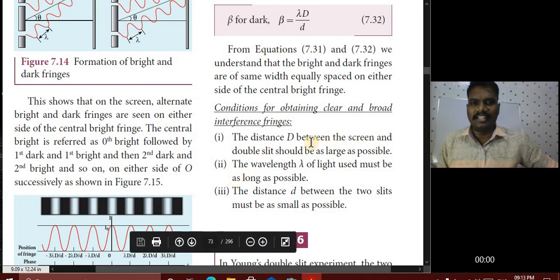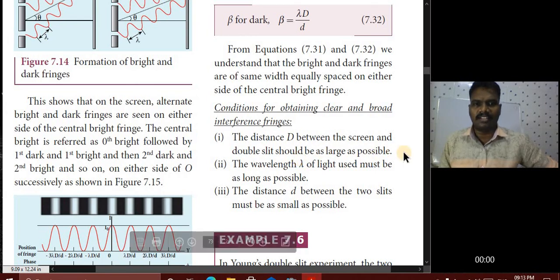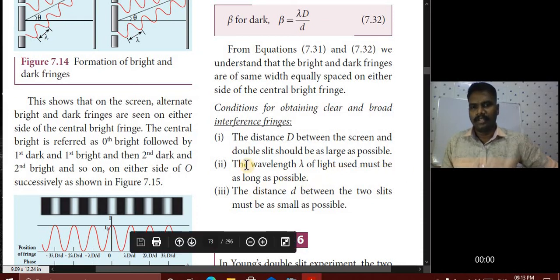The second point is the wavelength lambda of light used must be as long as possible. Once again, the wavelength lambda of light used must be as long as possible. The third one is the distance small d between the two slits must be as small as possible.